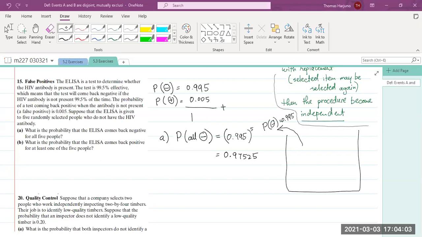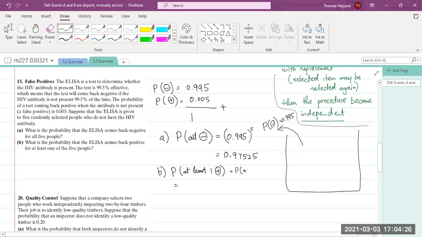Now part B: the probability that at least one of these 5 tested positive. When we say at least one positive, that's the same as saying not all negative, right?